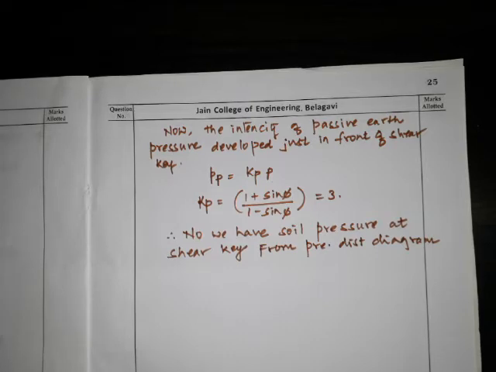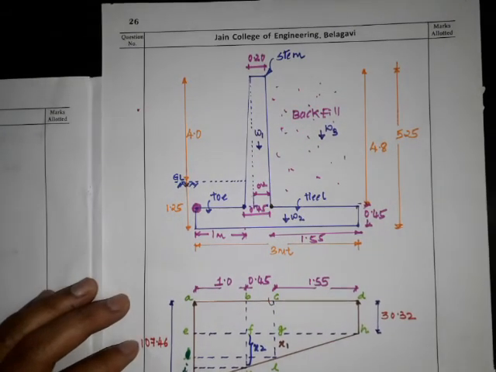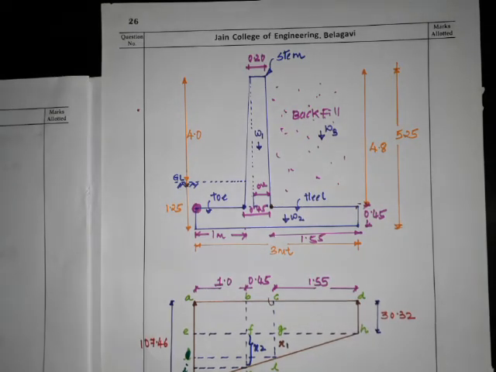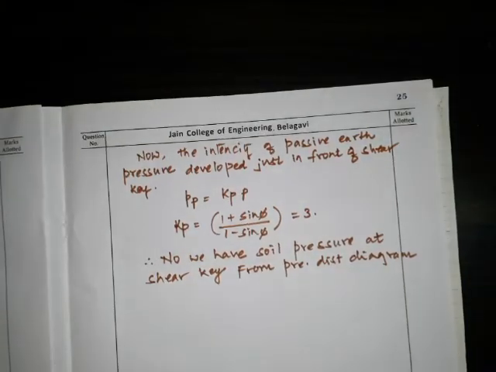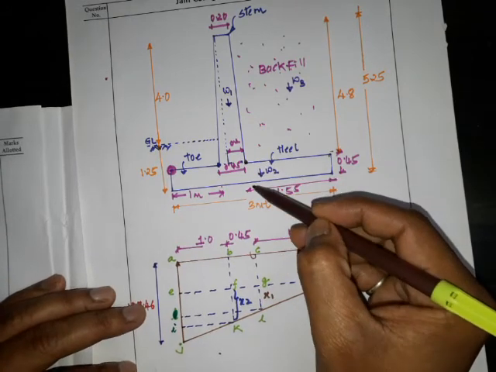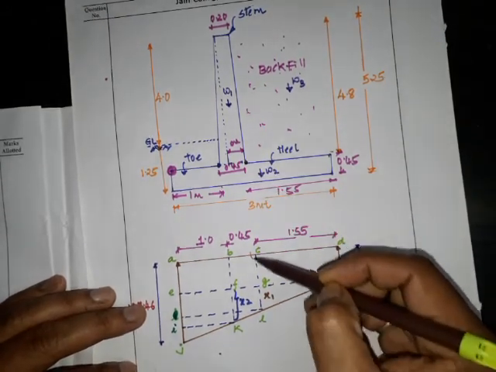Okay. So here the soil pressure at the face of the shear key we have to find out, from the figure. Okay, because we are going to place the shear key here, we have to find out what the pressure is at this edge.